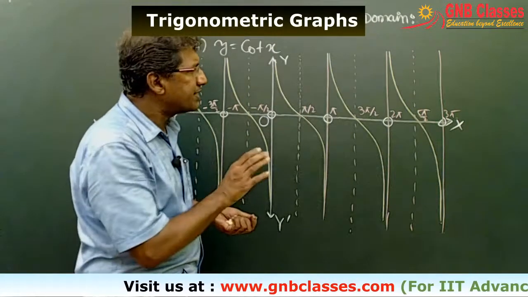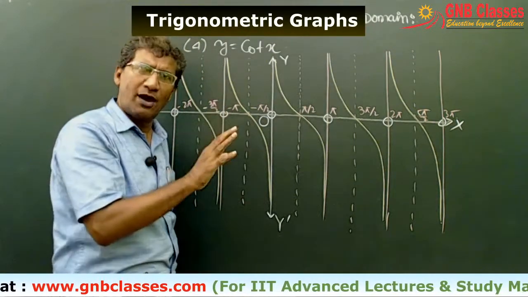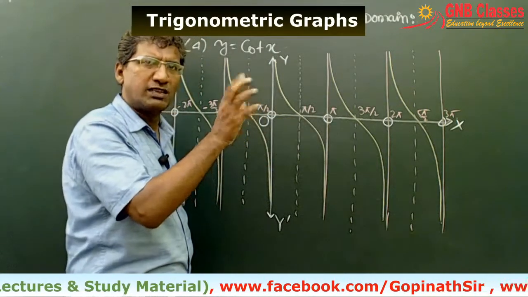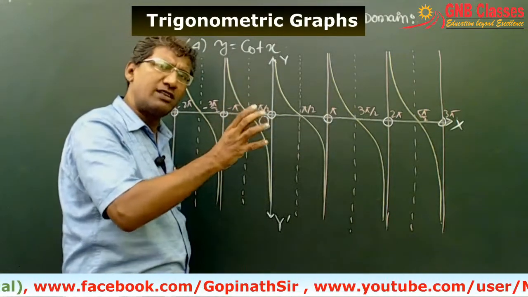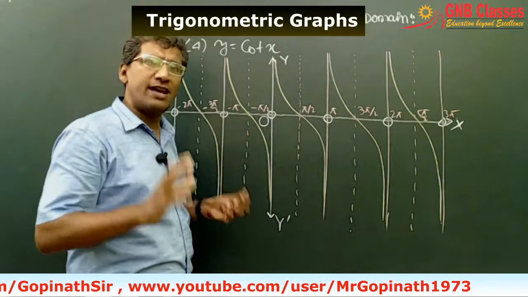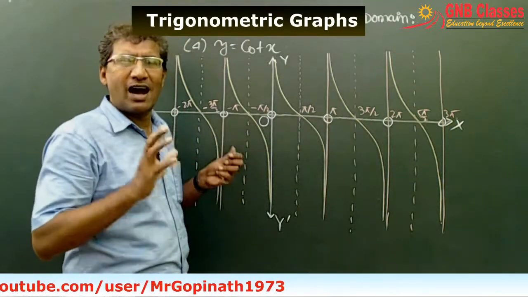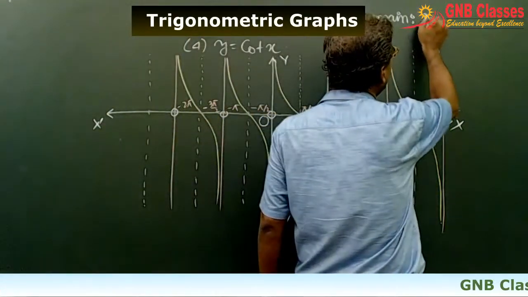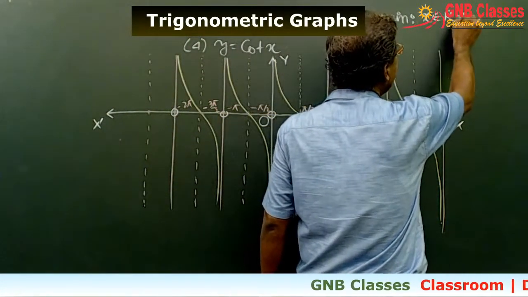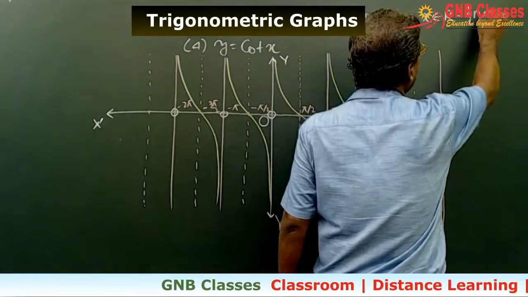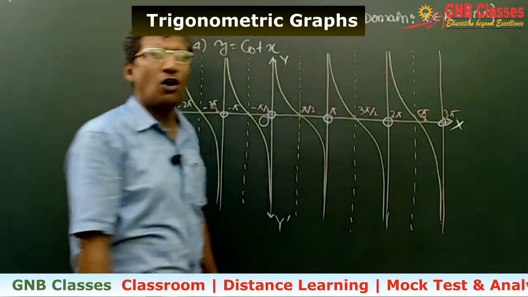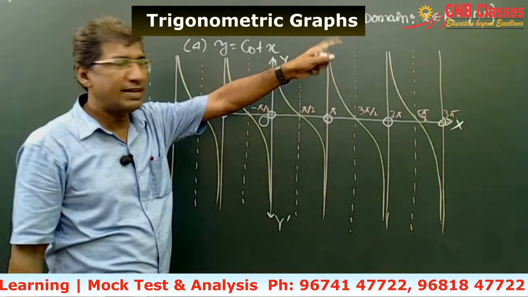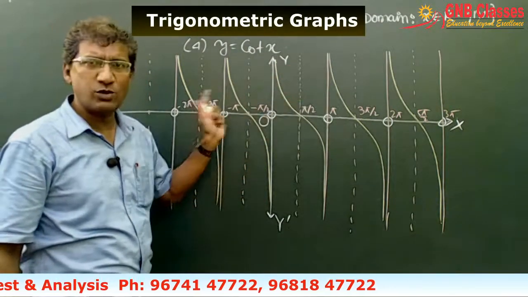That is, except the multiples of pi, any real value of x you choose gives a real value of y. Therefore, my domain will be x belongs to any real value except the multiples of n pi, where n is an integer. Is it clear to everyone?